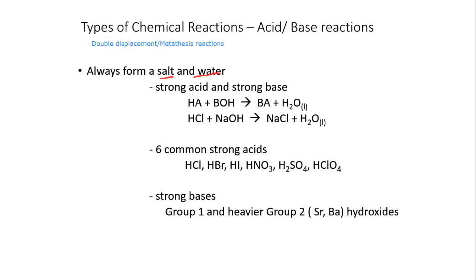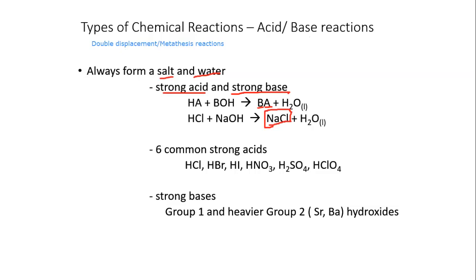And generally, if we're looking at strong acid and strong base reactions, the salt is going to be the cation of the base and the anion of the acid. So if we have HCl plus NaOH, the Na and Cl form the salt, and then we get H2O.